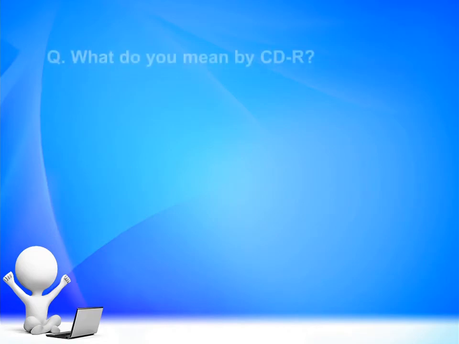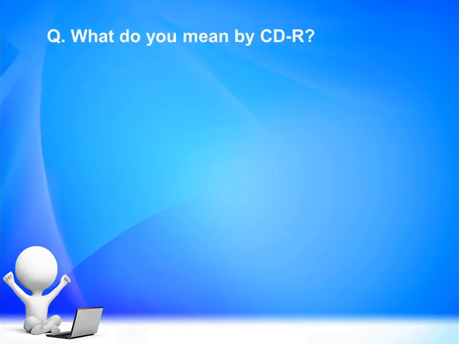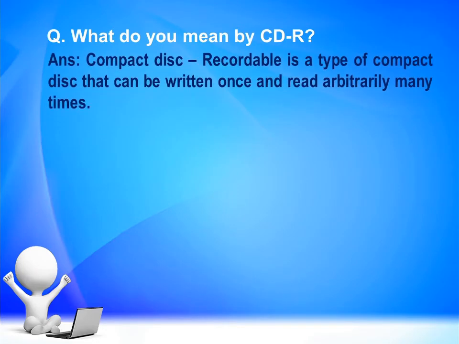Next, what do you mean by CD-R? Compact disc recordable is a type of compact disc that can be written once and read arbitrarily many times. Here is an image of CD-R.